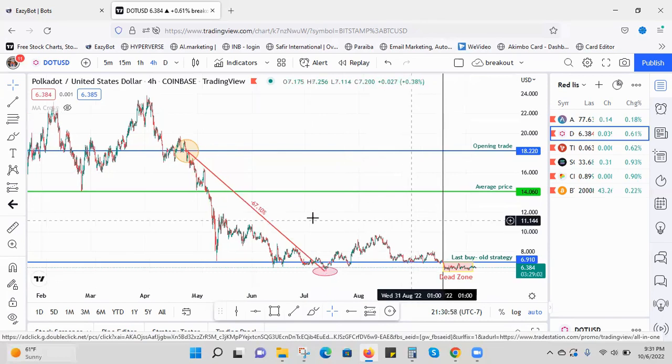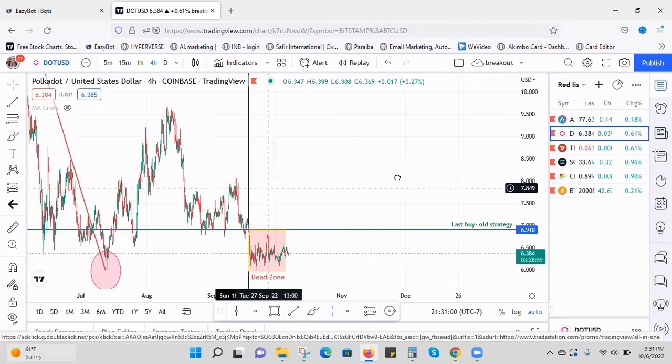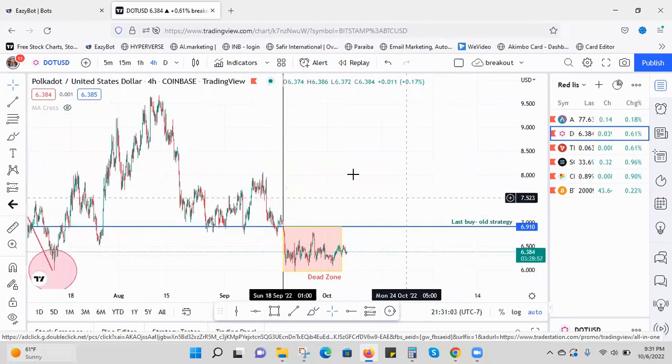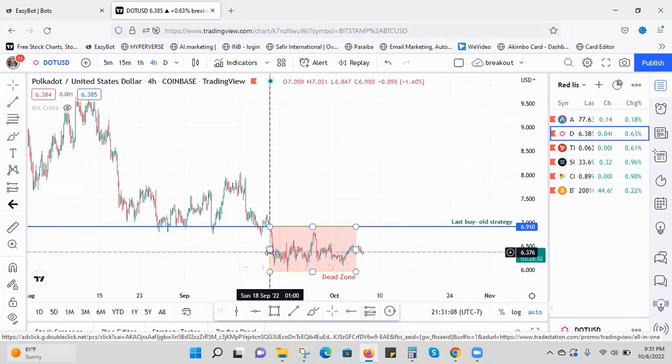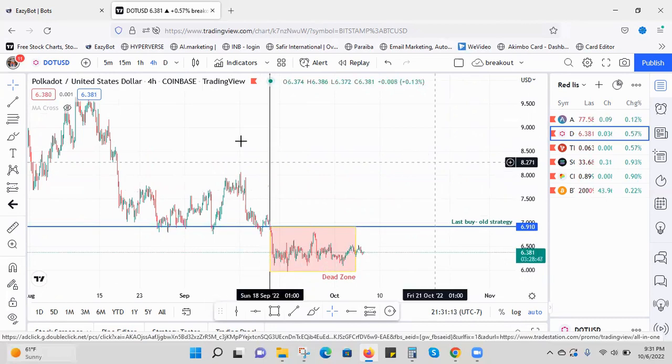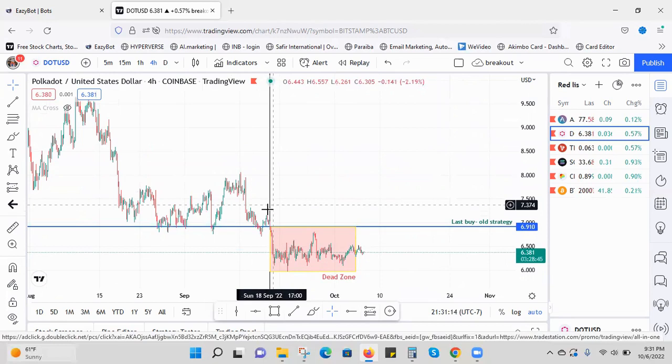But what happened is eventually it dropped to the point where the bot ran out of available balance, because all of a sudden we had a huge dip here. So on the 18th of September, right here, like I mentioned, this bot ran out of money.